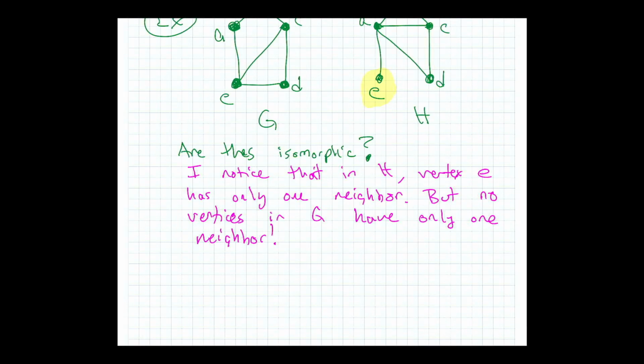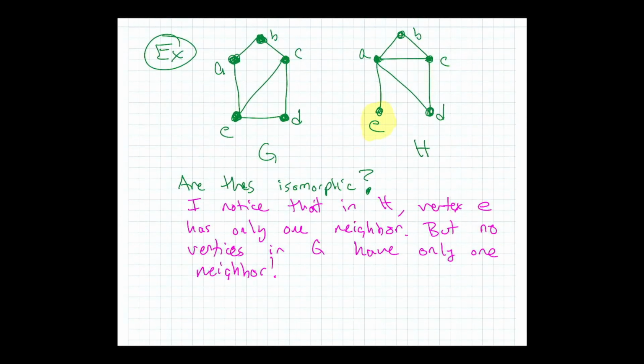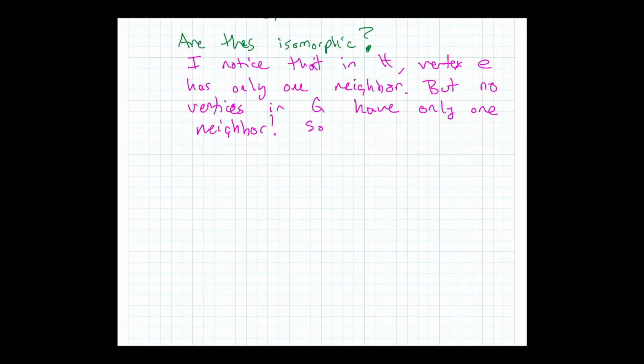That means no isomorphism will be able to work, because it won't be able to match a vertex to vertex E. So no function can exist. Well, I'll just say no isomorphism can exist that will preserve all the adjacencies.